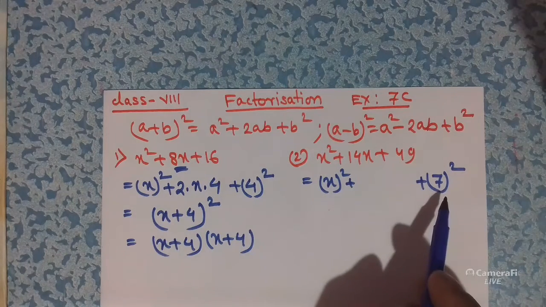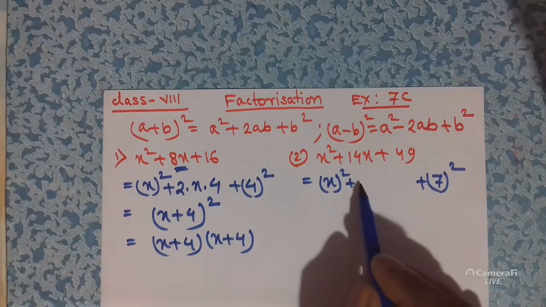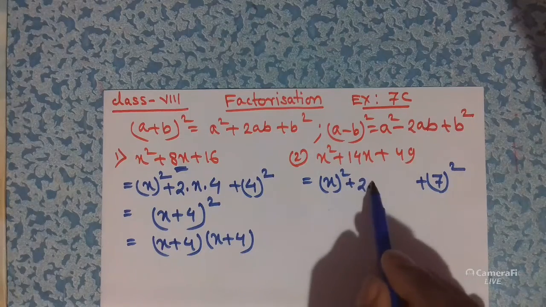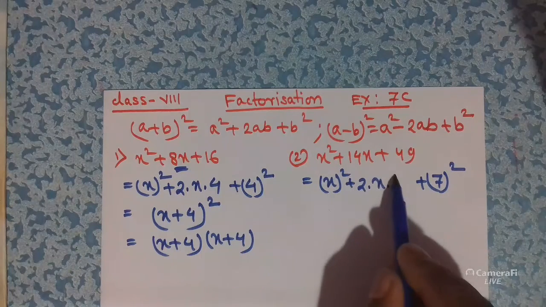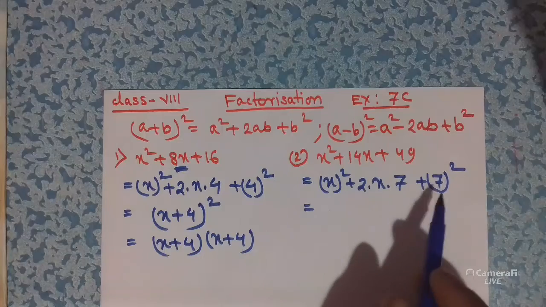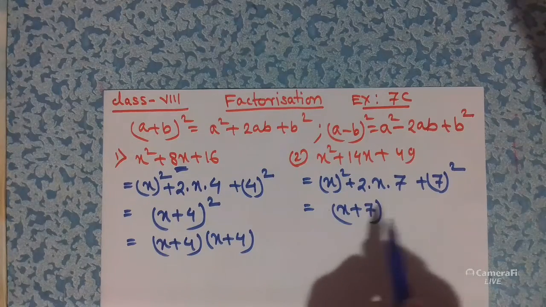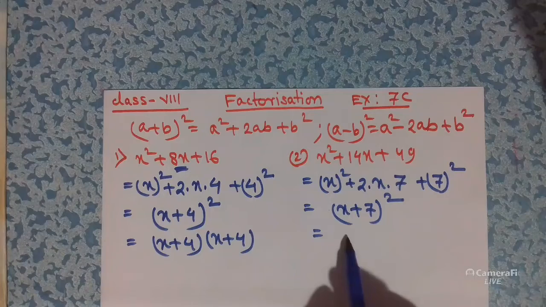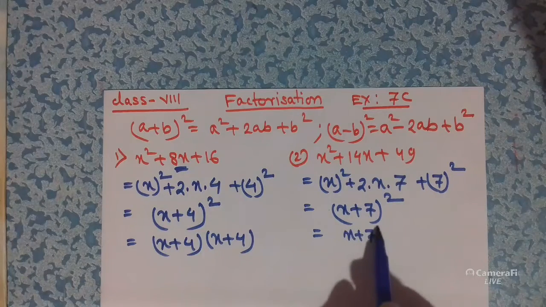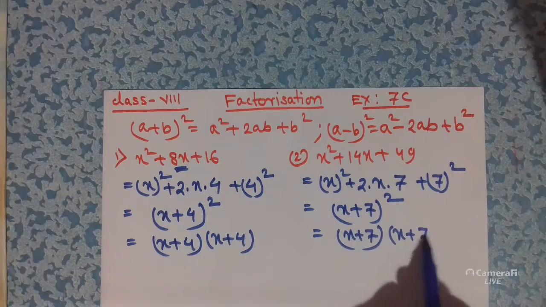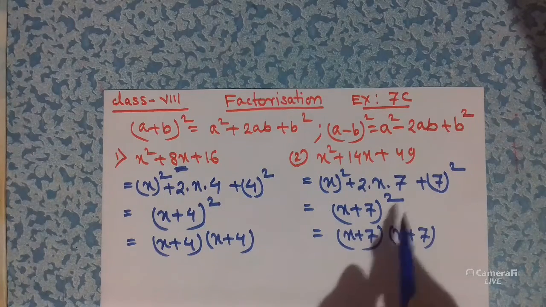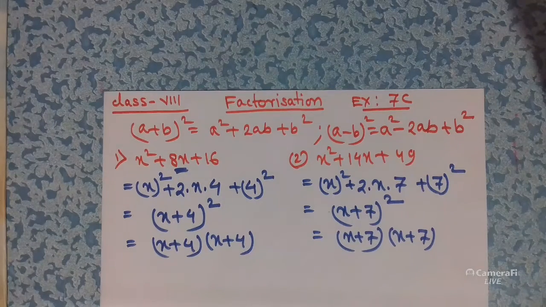So a and b are already found. In the middle it will be 2ab. A means x and b means 7. So it is in the form of a square plus 2ab plus b square. So it can be written as x plus 7 whole square, so x plus 7 multiply x plus 7. x plus 7 square means x plus 7 will be twice.